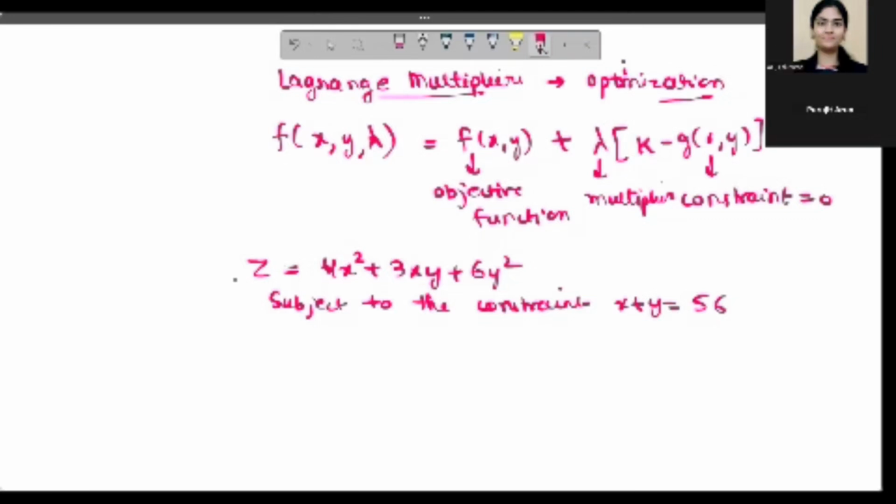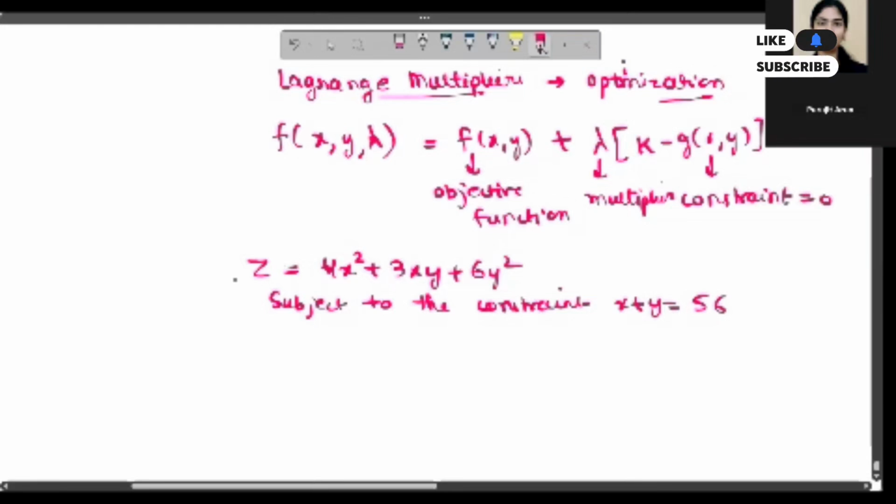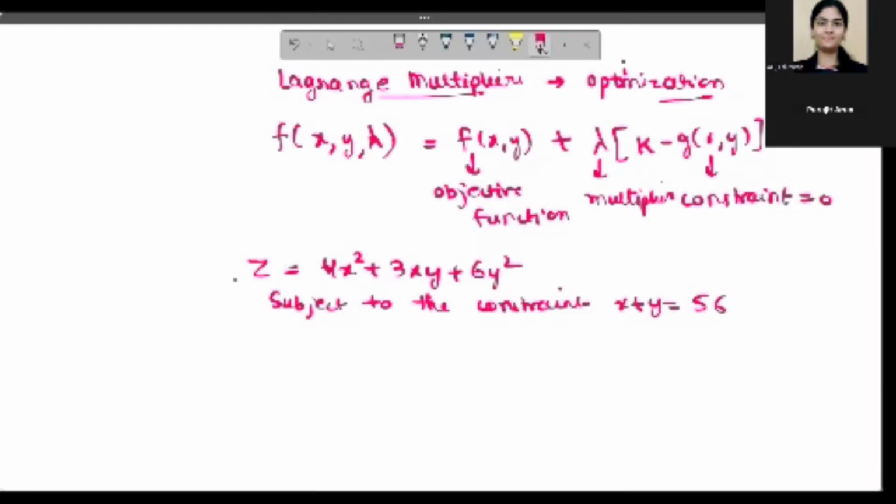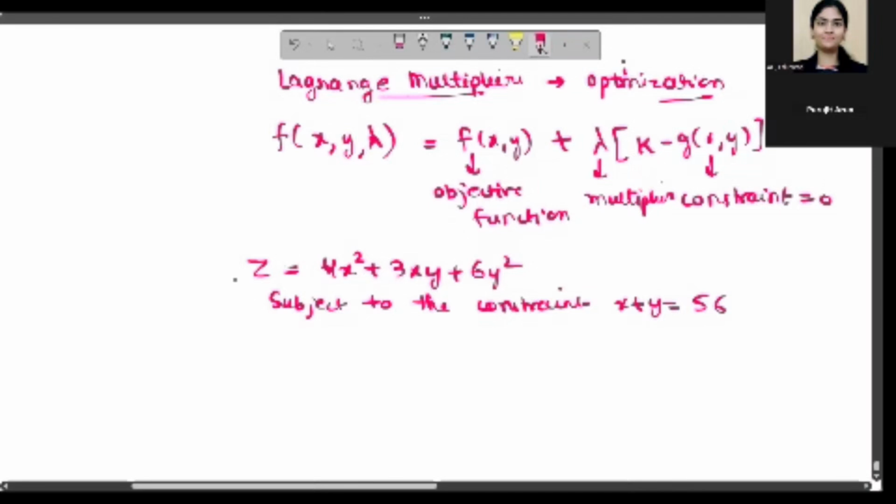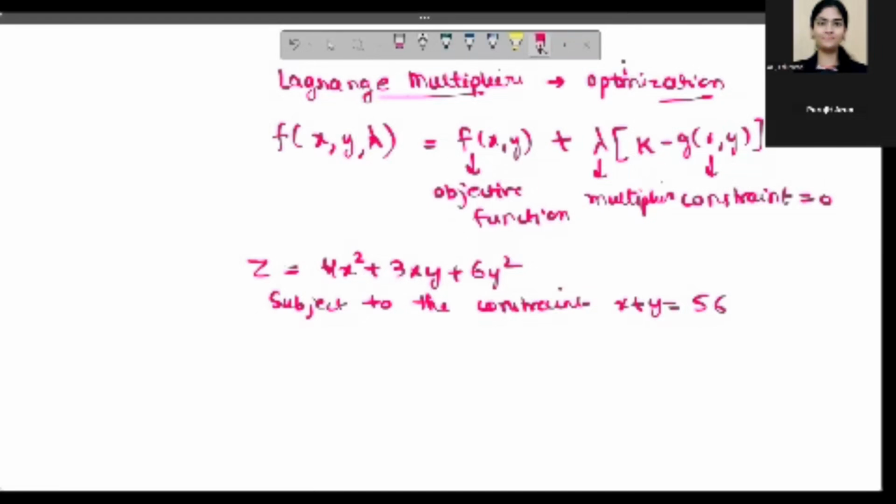So, 8x plus y minus lambda, and 3x plus 12y minus lambda equals 0.